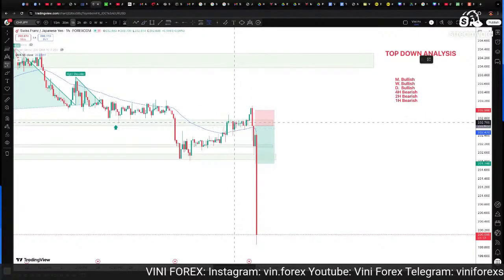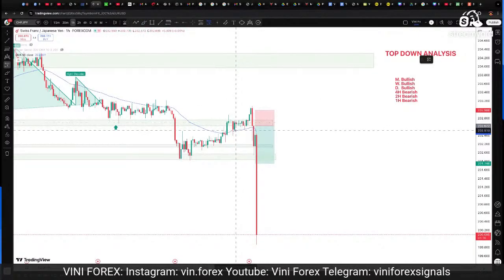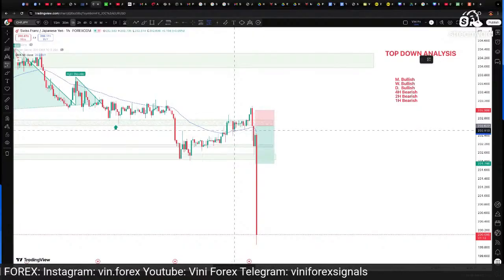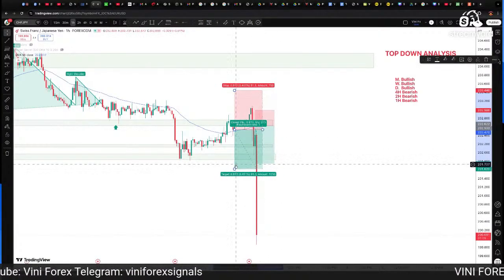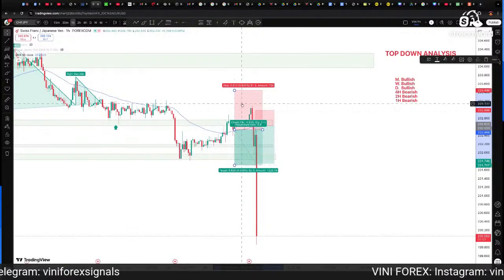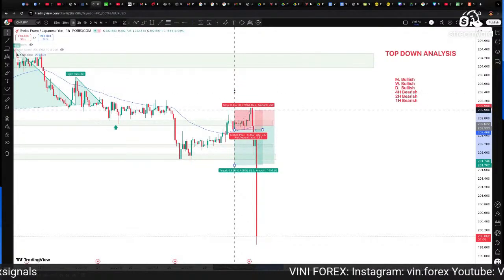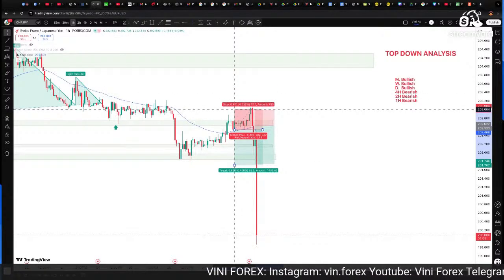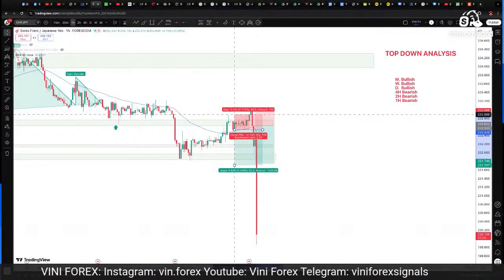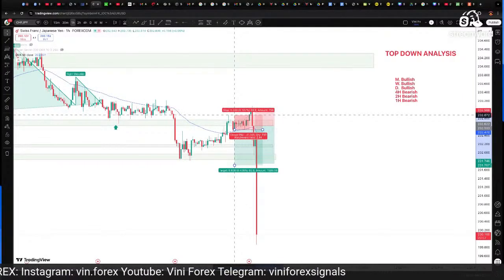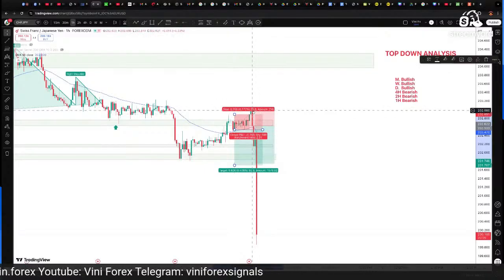You put your entry here, then put your target and your stop loss. Oh my God, that's a lot of stop loss, even 48 pips. That's too much. Maybe 25 or let's say 30 pips stop loss, or 35. You see it?